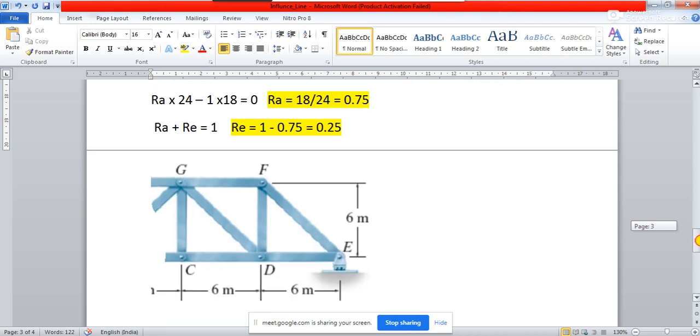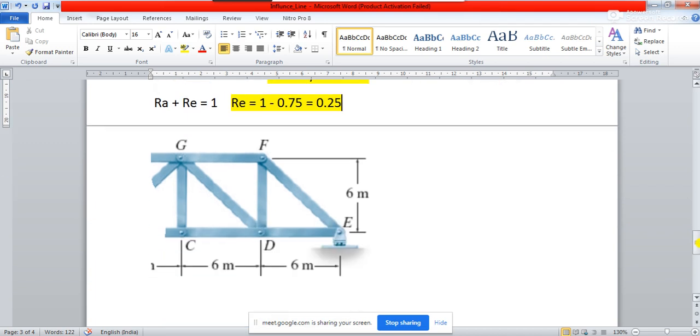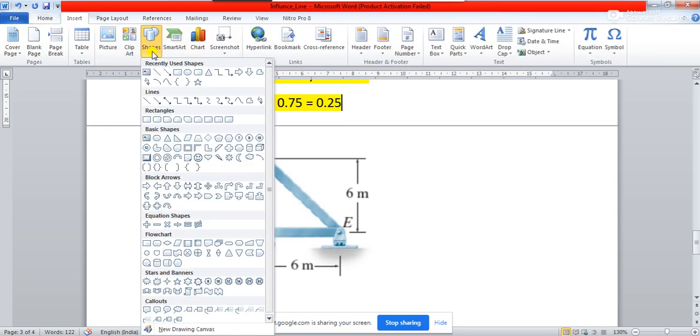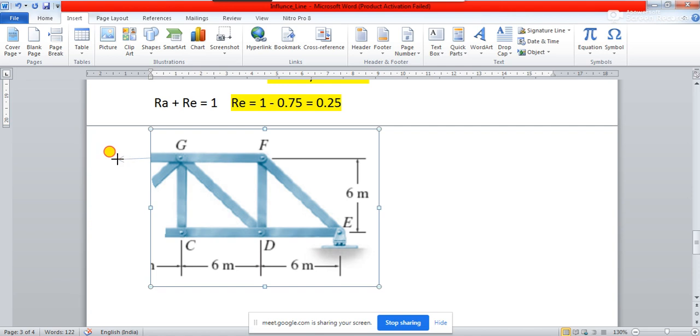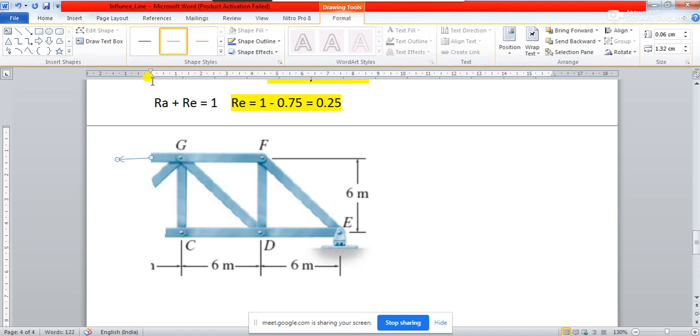After you found out the reaction, you can take this method of section and you consider this part of the truss. Okay. Now let's say you don't worry about in which direction the forces are acting. So let's say on these three members, one force is acting in this direction, other force is acting in this direction.